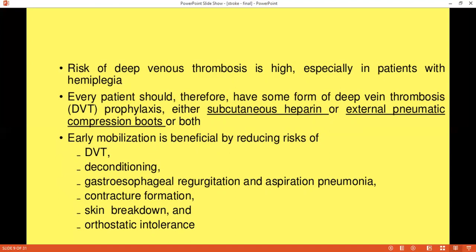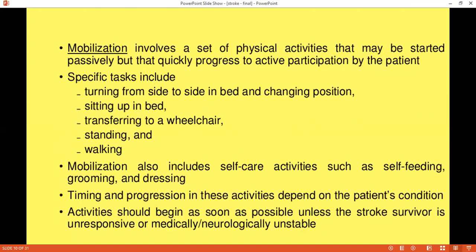Then skin breakdown: frequent turning of the patient to prevent contracture and deformity, which is managed through orthotic appliances. Then mobilization. Mobilization helps to improve motor recovery, especially asking the patient to turn right to left, left to right, followed by standing, walking. Motor recovery and mobilization activity should begin as soon as possible.